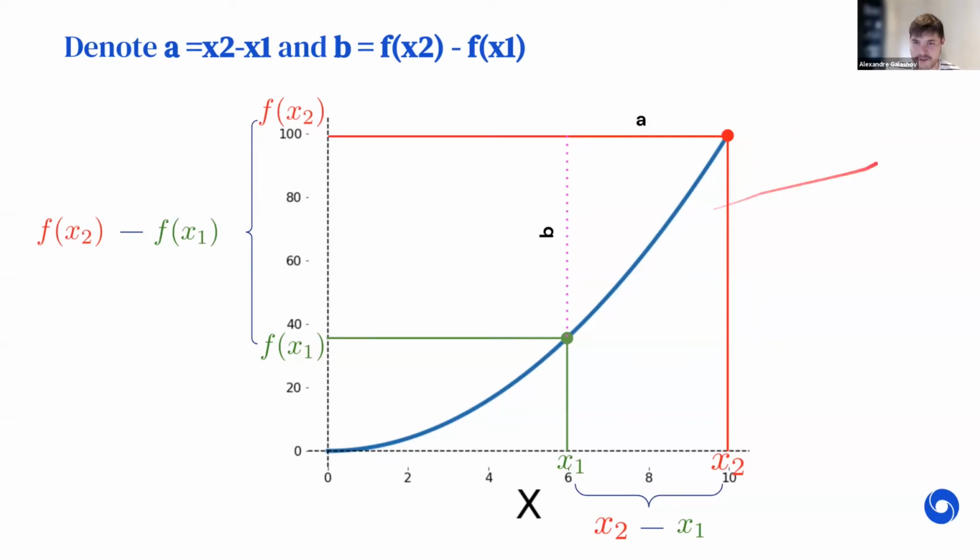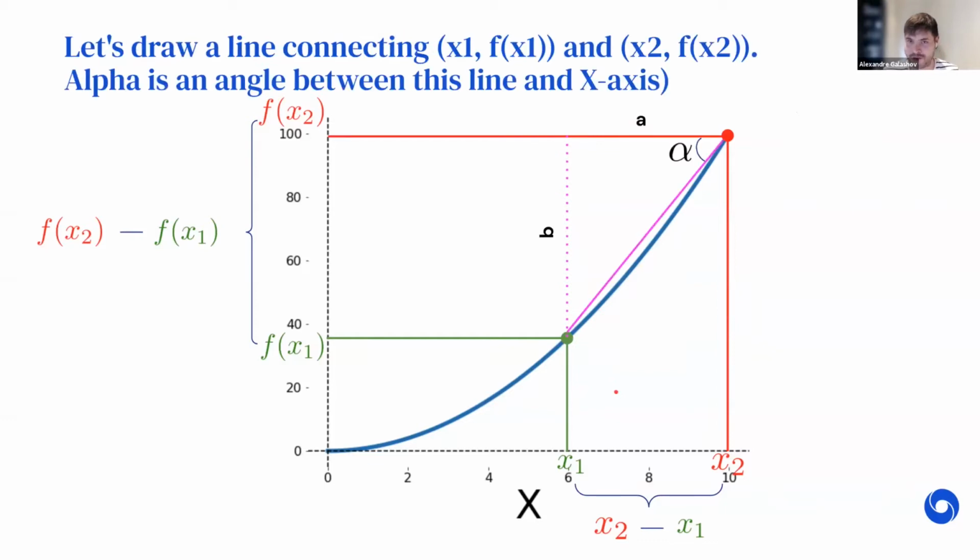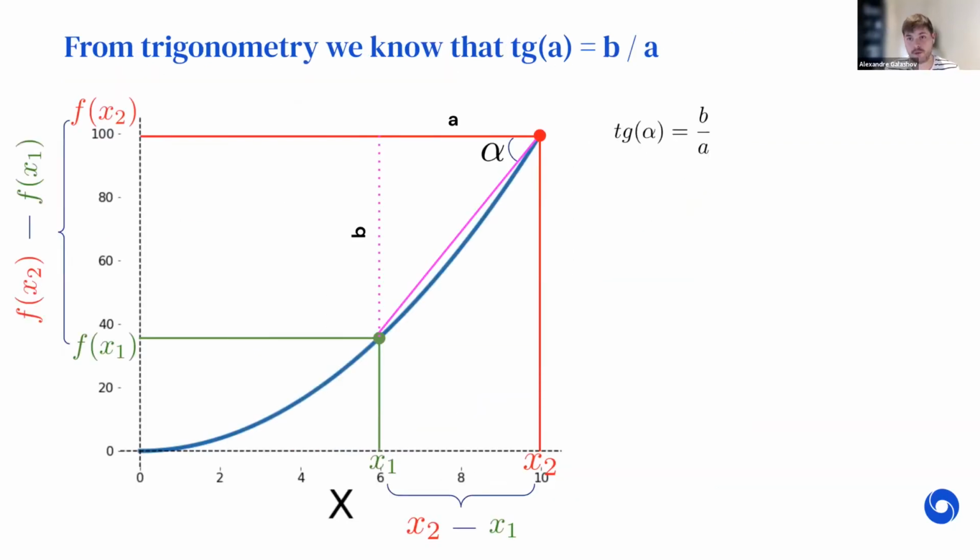And you see we have some kind of a triangle emerging, so I will draw this triangle. We have this violet line connecting this point and this point, and we have some angle alpha which appears. Right now, let's forget about the graph and just look at this triangle. We know from trigonometry that the tangent of alpha, denoted as tg of alpha, is defined as the ratio b over a.